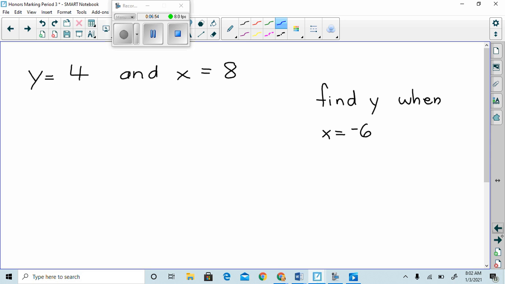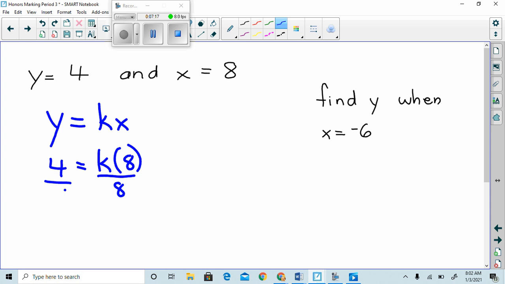As we're working on these, again, there may be additional components. The 3 steps are, let's find the constant of variation. y is equal to kx. y is 4, and x is 8.